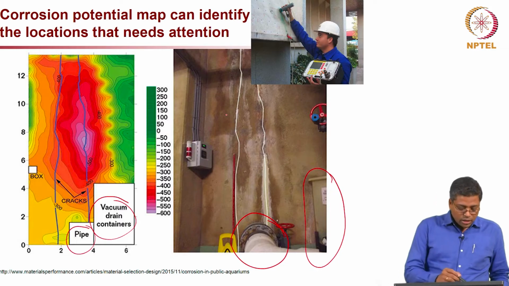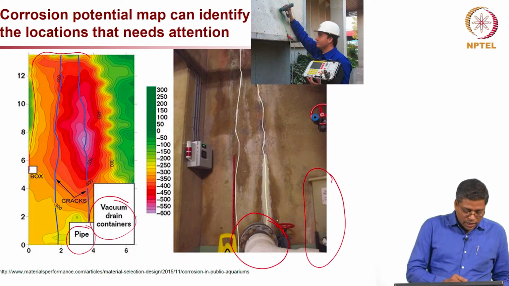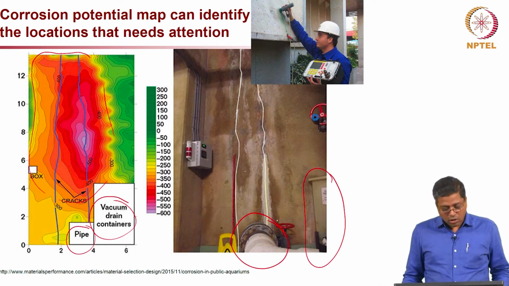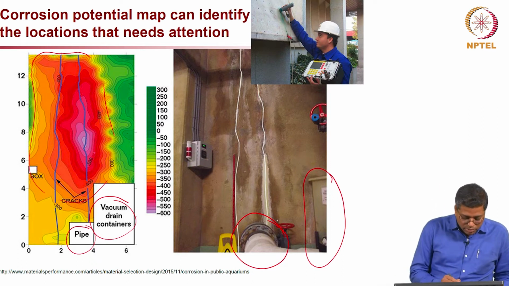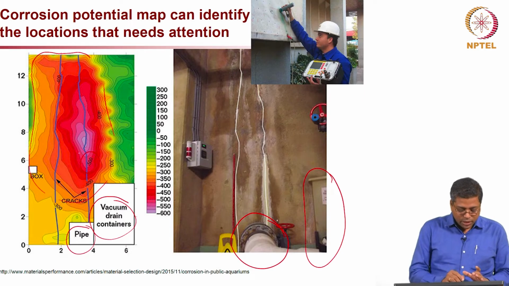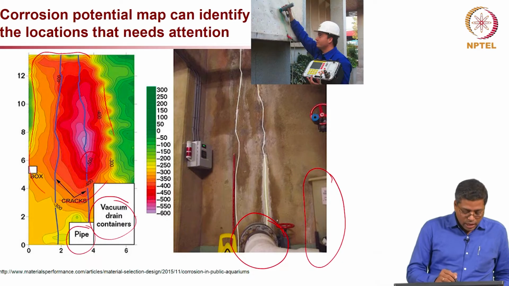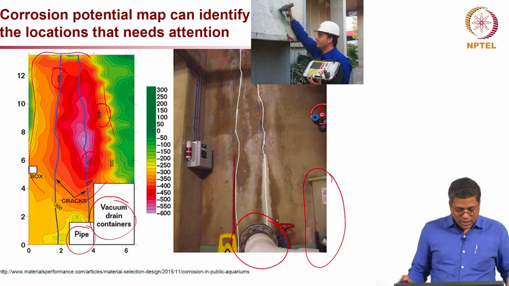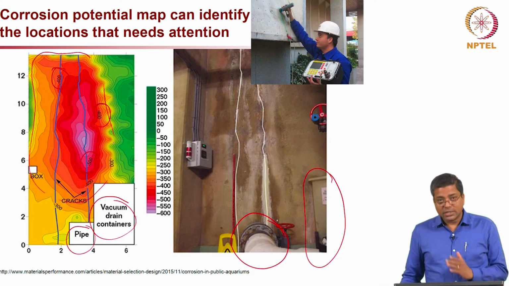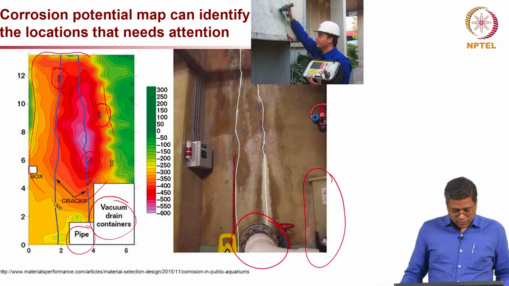As you see here, on the contour map on the left side, the red region indicates a high probability of corrosion, or more negative. If you look at the numbers closely, this is minus 500 towards that pinkish region, and then you have minus 400 here and minus 400 here, and then as you go towards the green, it is more positive, or in other words less probability of corrosion.